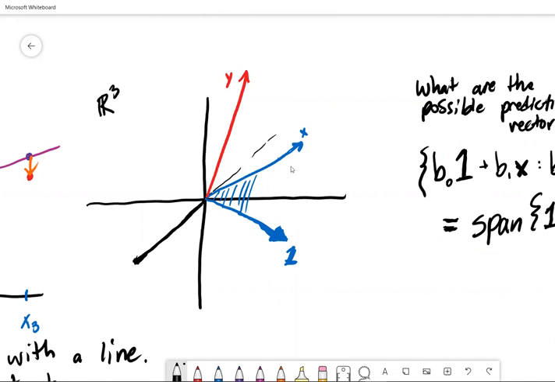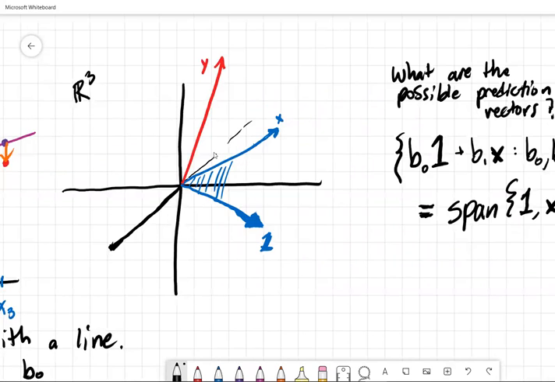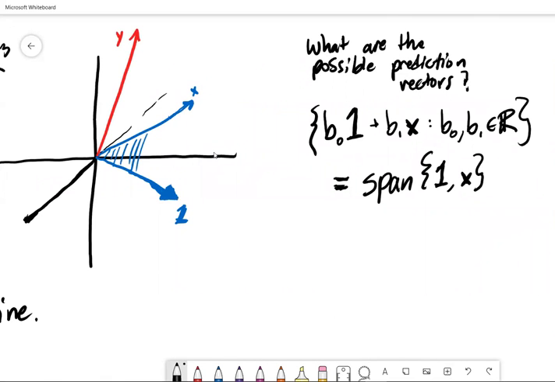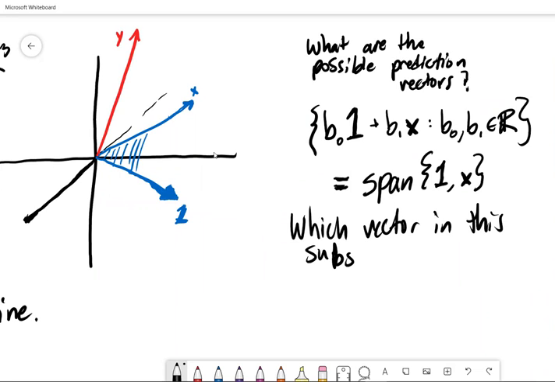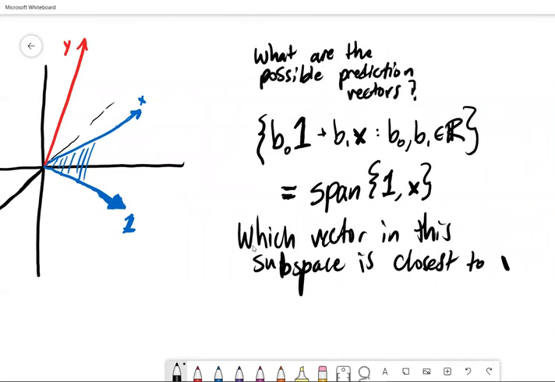So there's actually a name for that, but let me just write that as a note. Which vector in this subspace, the span of 1 and x, is closest to y?